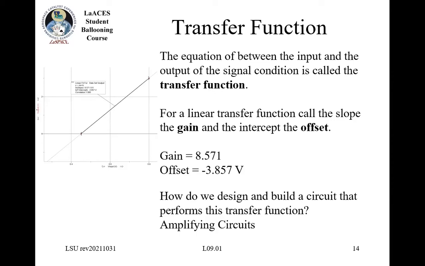So the next question is, okay, I know that I want a circuit that will generate this particular transfer function, that will take this input signal and make it into this other output signal. But how do I actually do that? Well, this is where you're going to start using amplifying circuits.